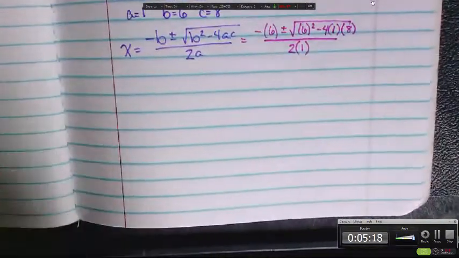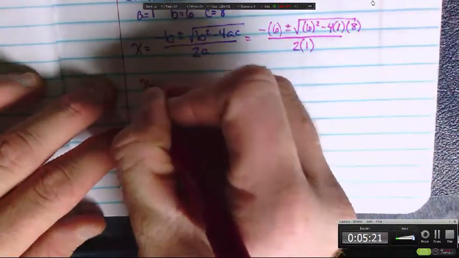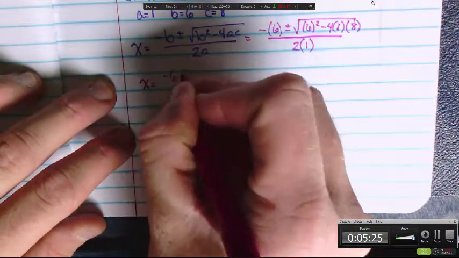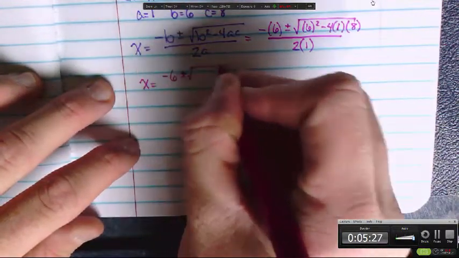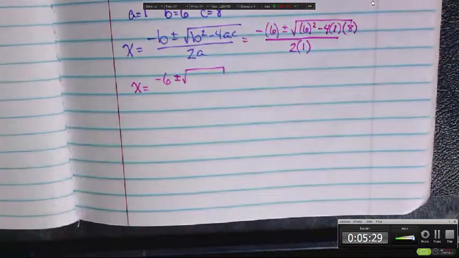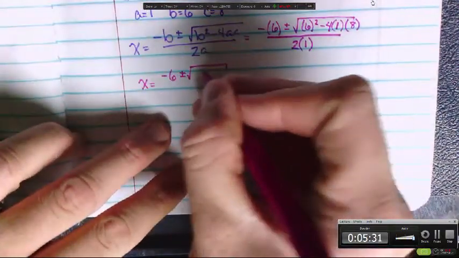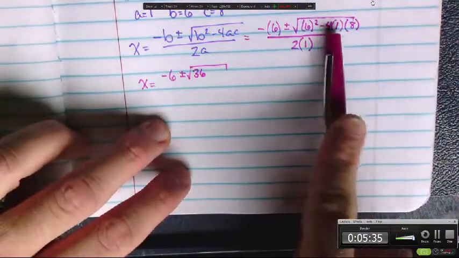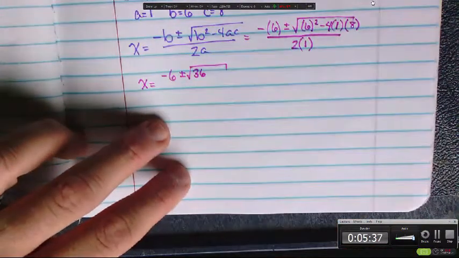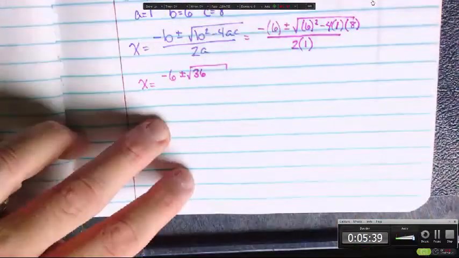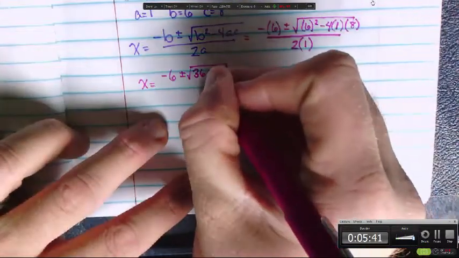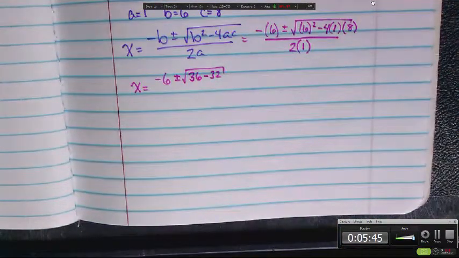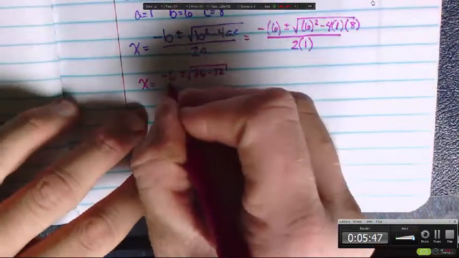Now we're going to simplify this. X equals negative 6, that stays negative 6, plus or minus the square root. What's 6 squared? 36. Negative 4 times 1 times 8 is negative 32.